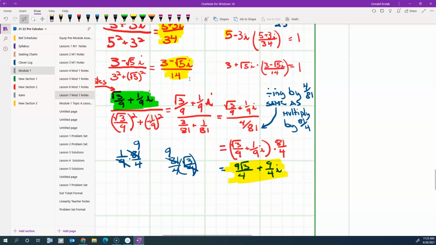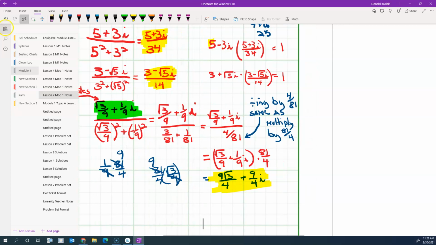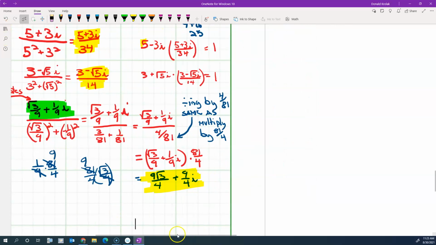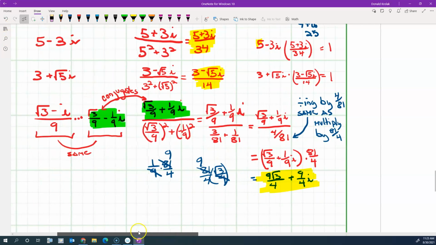Okay. Yes. Where it says dividing by 4 over 81, which is the same as multiplying.